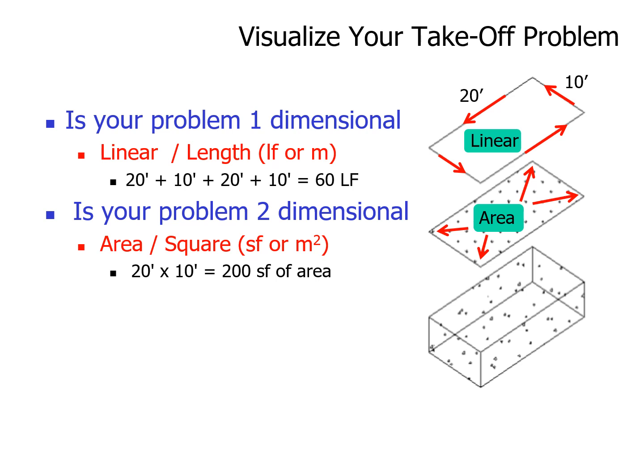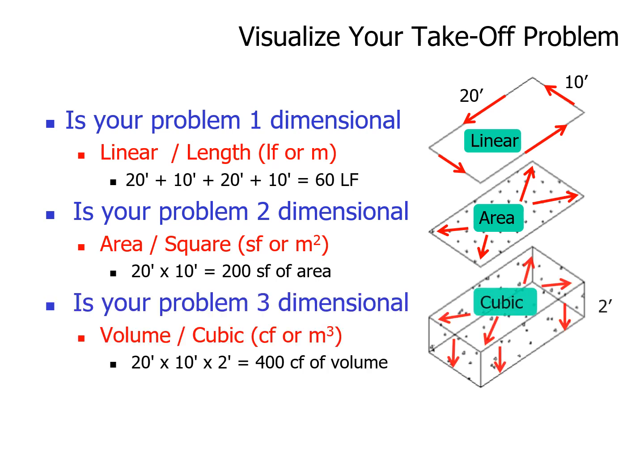And then the last one I have is cubic, or volume, 3-dimensional. Now I know length times width is 200 square feet of area, but if I popped the depth in there and said that depth is going to be 2 feet deep. Now you can call it a depth, you can call it a height, you can call it a thickness. It really doesn't matter what you want to call that third dimension. The important thing is, it's a third dimension.